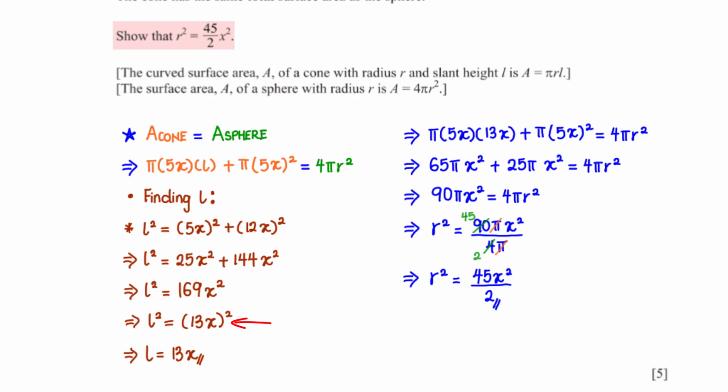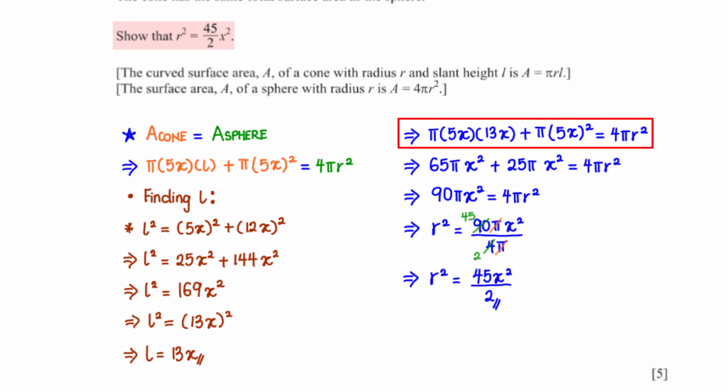When we take square root on both sides of the equation, we get L equals 13x. So now when we substitute L equals 13x into the original equation, this is what we have.